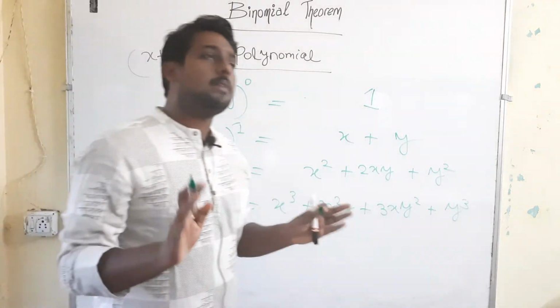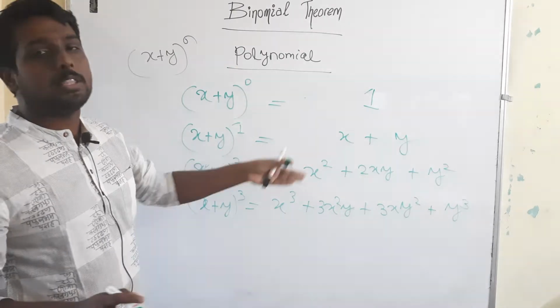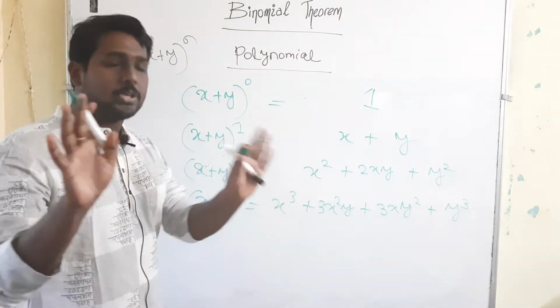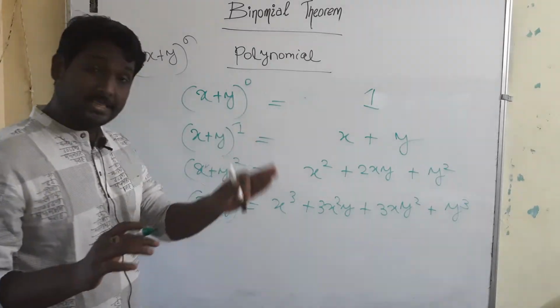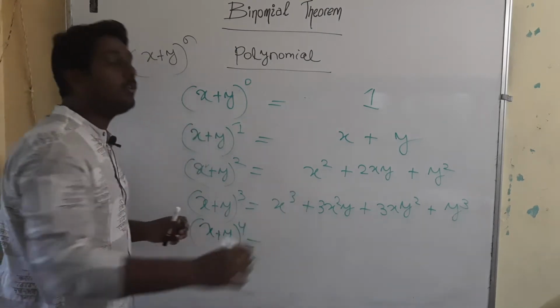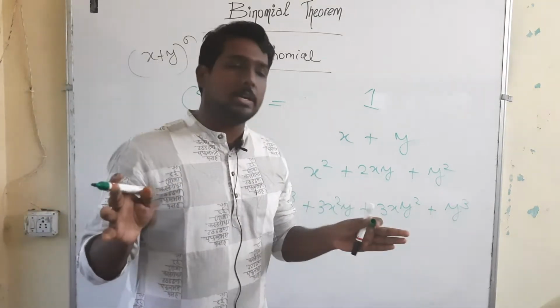We are accustomed to these formulas up to x plus y to the power 3, which we call a plus b whole cube to some extent. But if I ask you the formula for x plus y to the power 4, it is not in your memory.